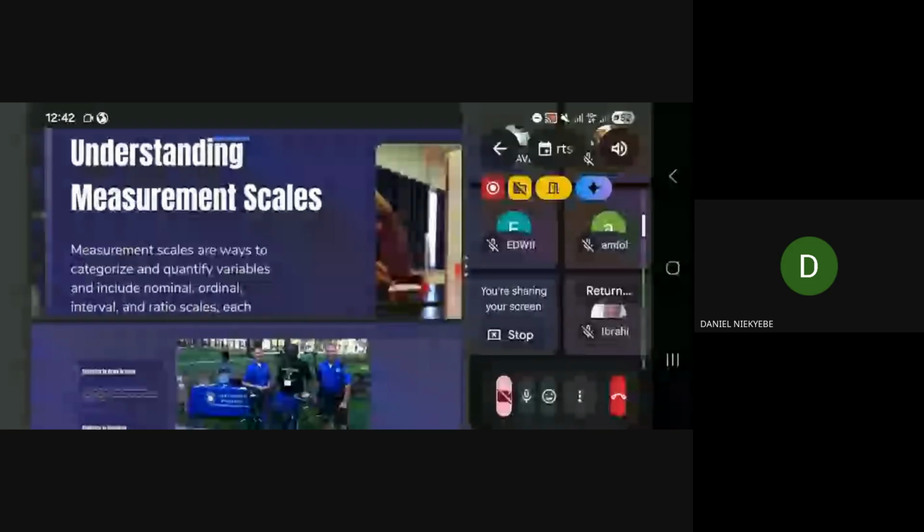And with the ordinal, madam, it deals with rank. For example, class 1, we know that class 2 is higher than class 1, class 3 is higher than class 2, class 4 is higher than class 3.